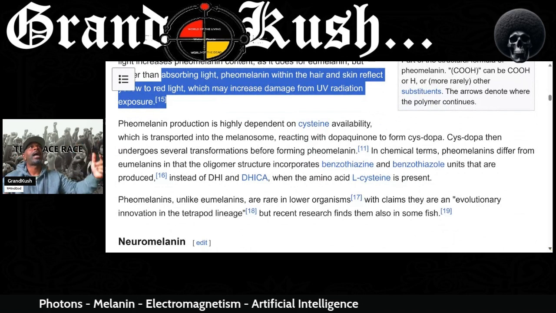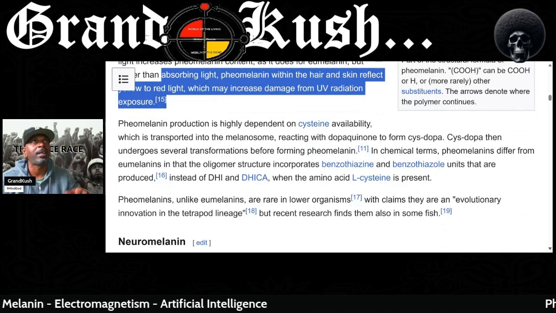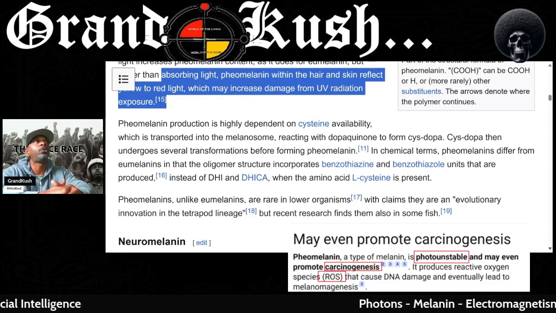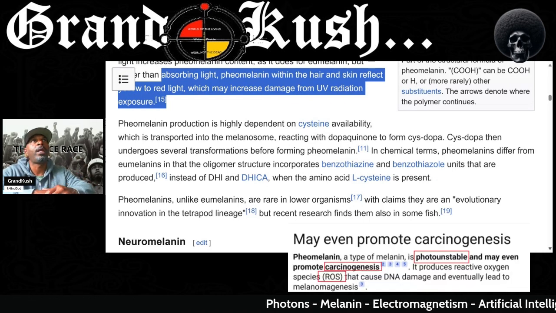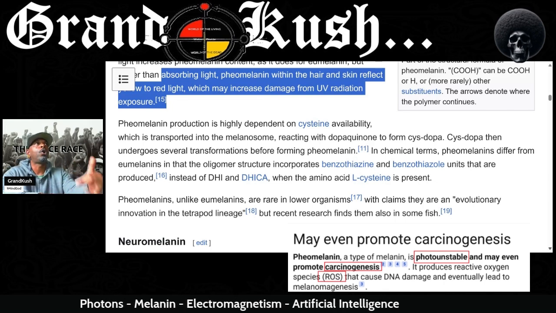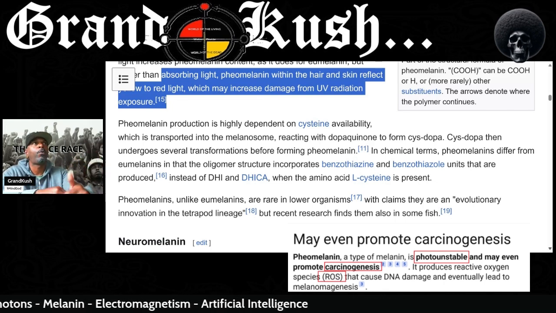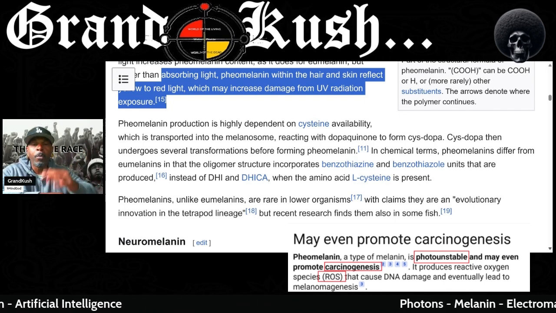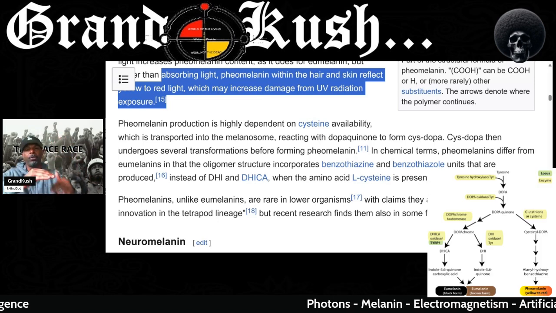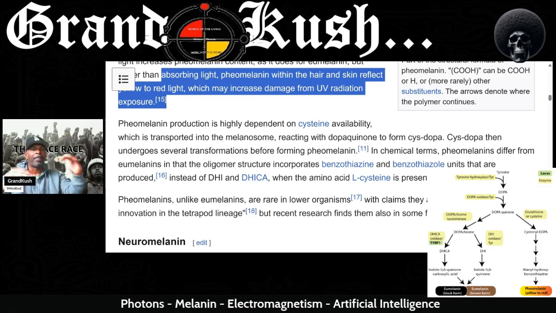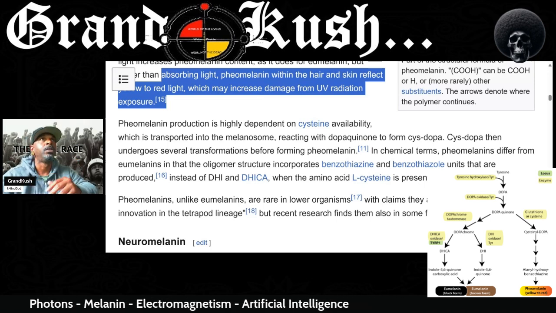Pheomelanin production is highly dependent on cysteine availability, which is transported into the melanosome, reacting with dopaquinone to form cysteinyldopa. Cysteinyldopa then undergoes several transformations before forming pheomelanin. Eumelanin is like bop, bop, bop, bop, eumelanin. This is like bop, bop, bop, bop, pheomelanin.